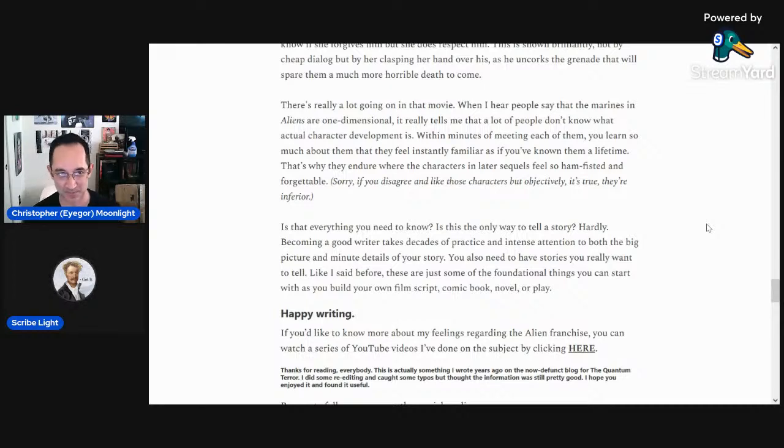Whereas the two competing individuals at the last second having to get along in the trenches or whatever, that's cliche in and of itself. But if you earn that, if you establish those characters, if you establish an adversarial relationship that comes to a head at the very last moment of decision and where it matters, then it means something.